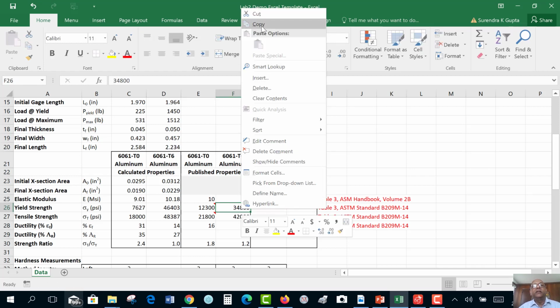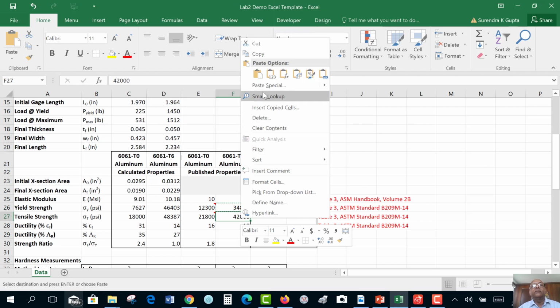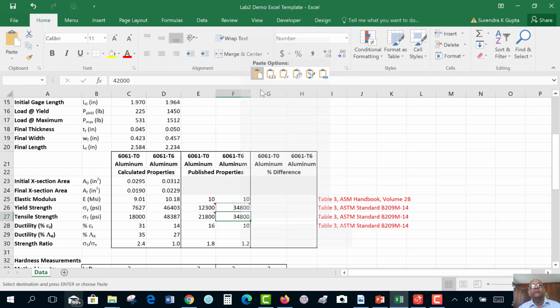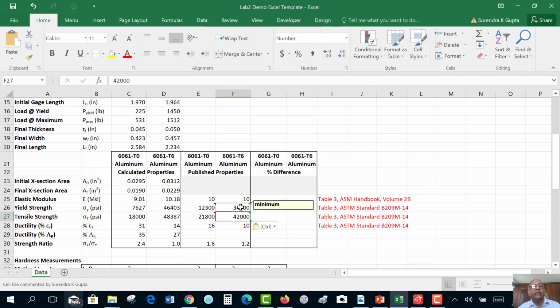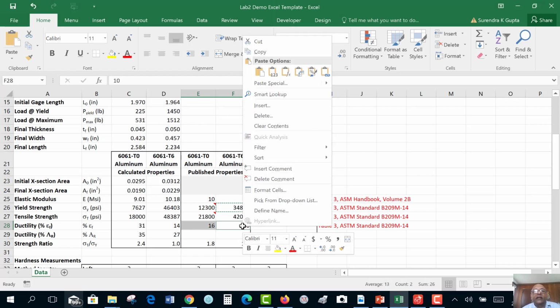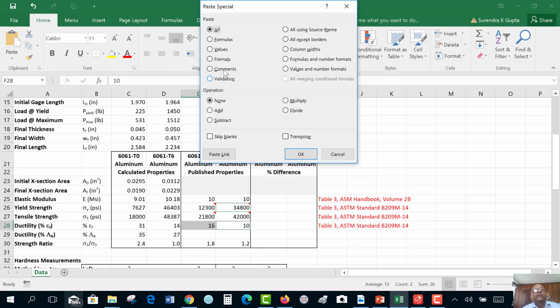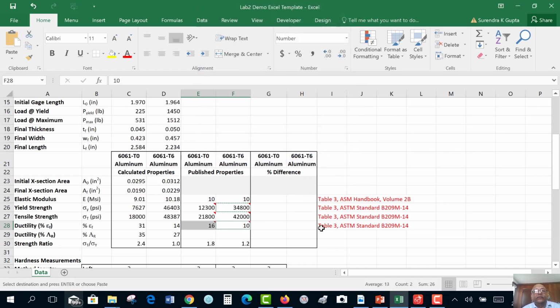So we'll copy this comment. And you can see, since both of them are minimum, our measured values are more than that. And these are usually minimum values as well. And you can see both of them, our measured values are greater than that. Okay, all right.